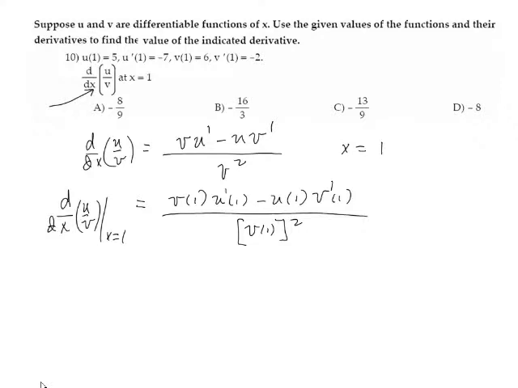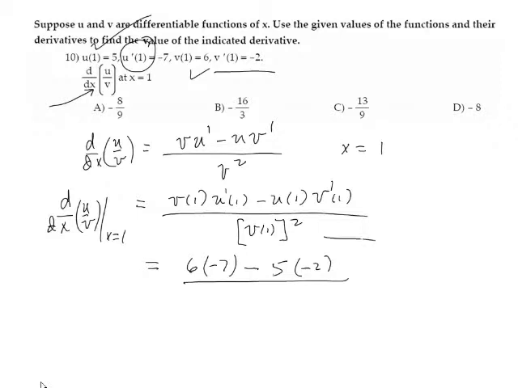Well, you're given that v at 1 is 6, u prime at 1 is minus 7, minus u at 1 is 5, and v prime at 1 is minus 2, and then v at 1 is 6, so v at 1 squared would be 36.